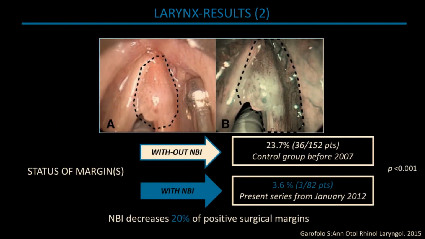And what we found is that we dramatically, significantly reduced the number of positive margins from 24% to 3.6% after the routine use of NBI. This means that we reduce the number of patients that need, for instance, re-resection or adjunctive therapy after the first treatment.